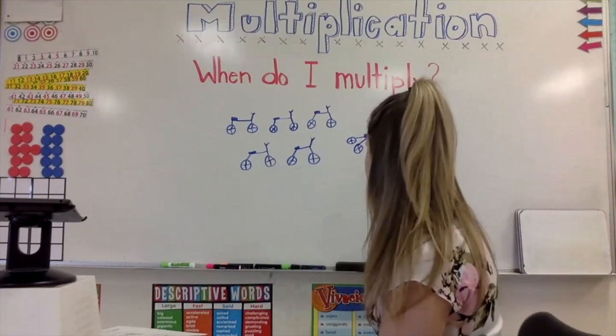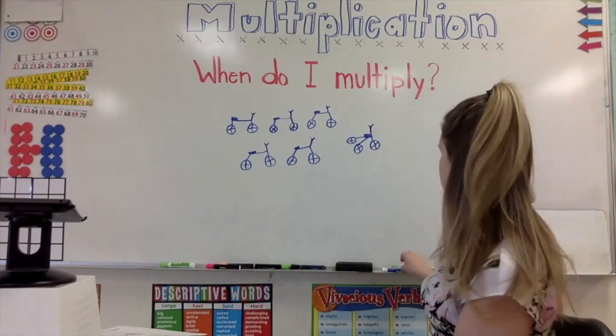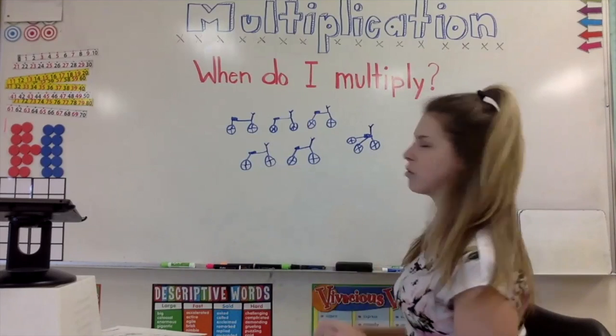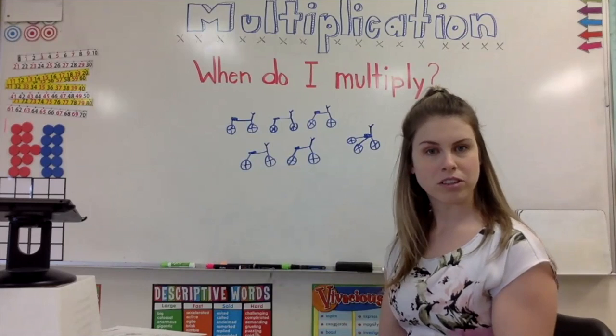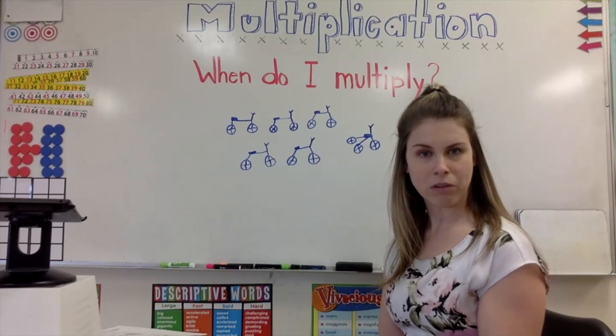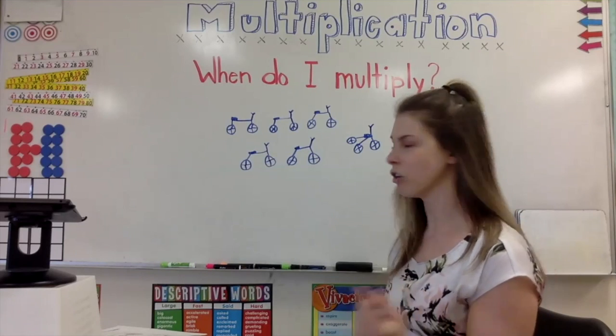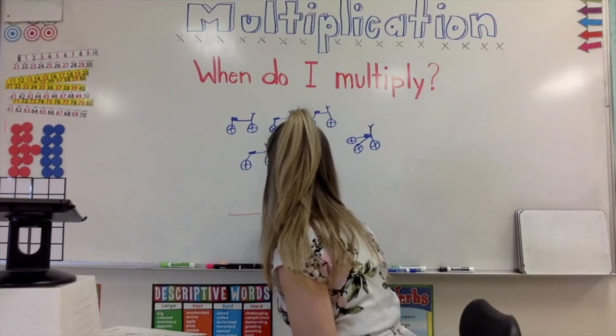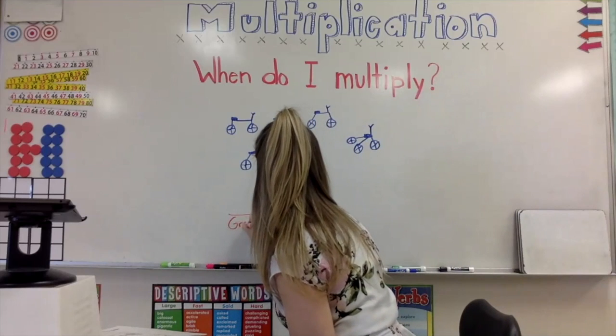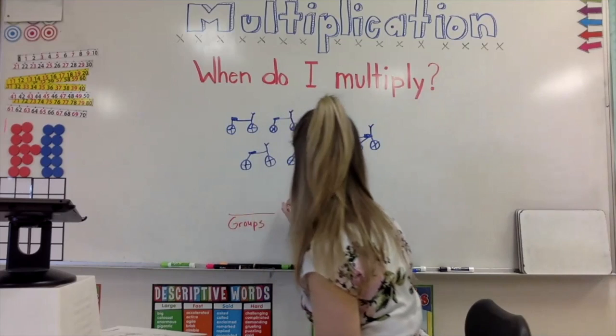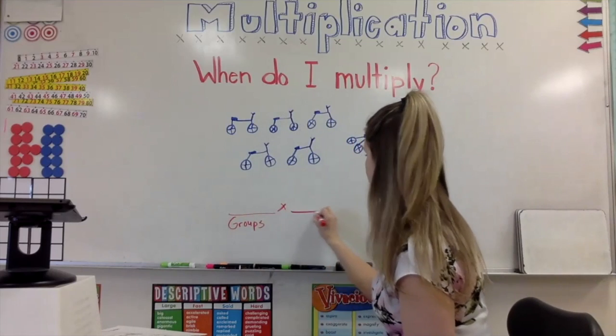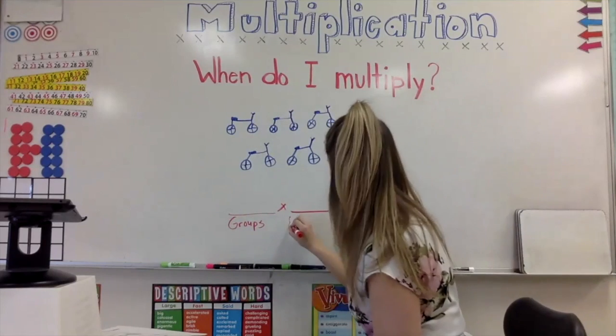So let's take a look at how many bikes we have total. First of all, what are we looking for? We're looking for the number of groups, and we're going to look at how many are in the groups.